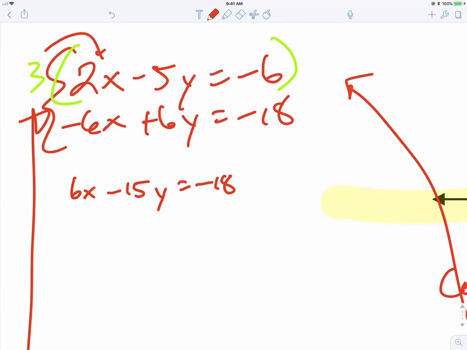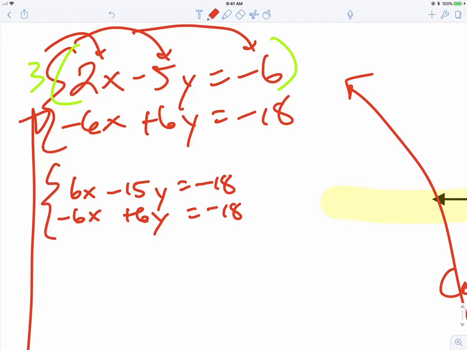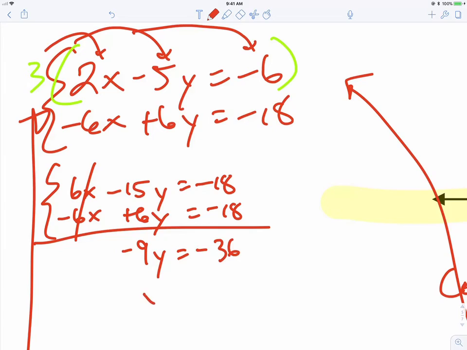If I multiply everything by 3, minus 6x plus 6y equals negative 18. So my new equation, those cancel. Negative 15 plus 6 is negative 9. Y equals negative 18 minus 18 is negative 36. So then I divide by negative 9, and I get y equals 4.